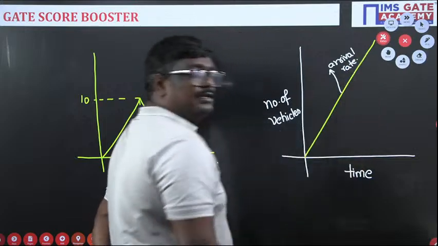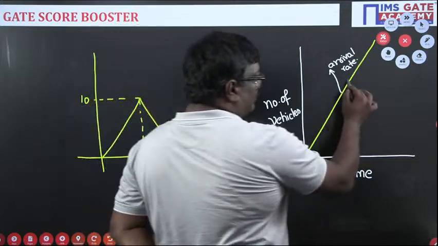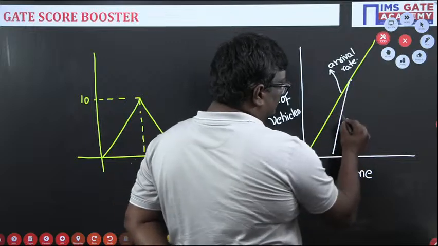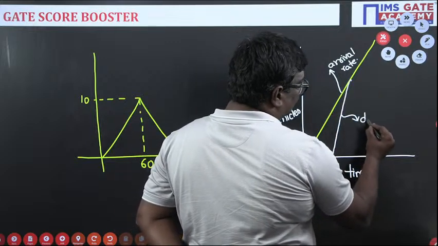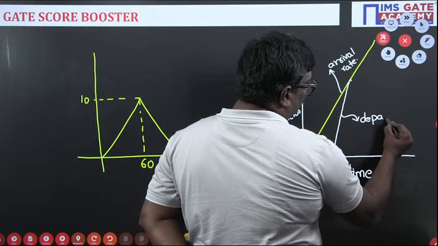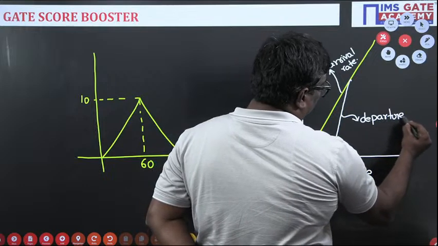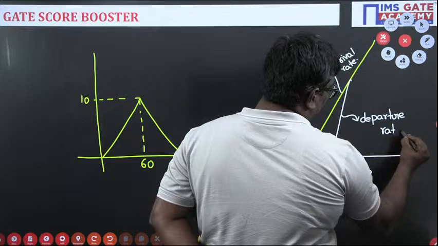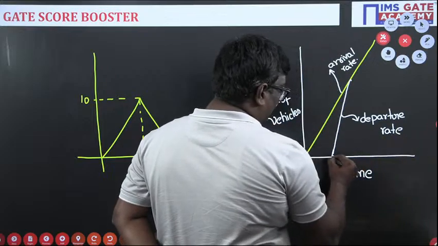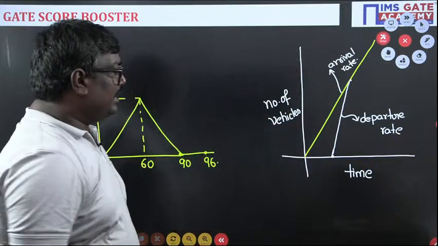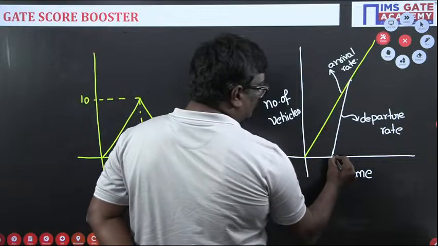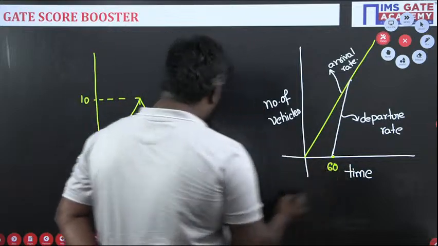Arrival rate. And this other line indicates departure rate. Now let me tell you one thing. We have this value 60, which is given in the problem.